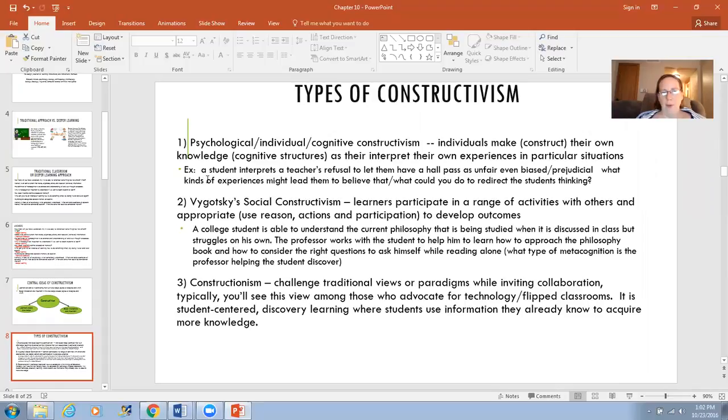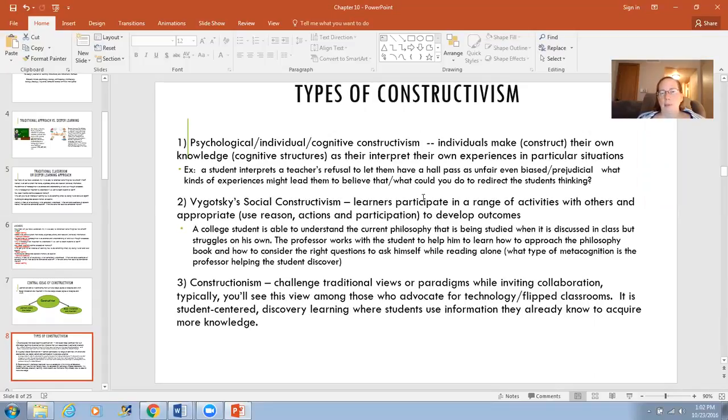So here's an example. A student interprets a teacher's refusal to let them have a hall pass as unfair, even biased or prejudicial. So what kinds of experiences might have led them to believe that? Right? So think about somebody who's a minority or somebody that comes from a lower socioeconomic status.